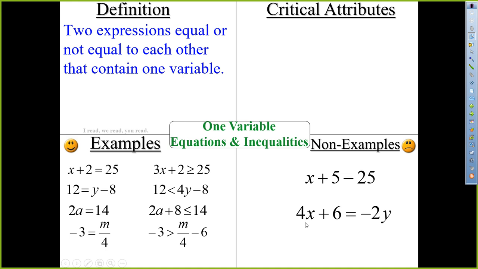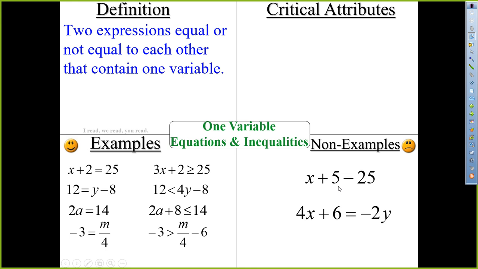This first one right here. Hayden, why is this not a one variable equation or inequality? What do you notice? It doesn't have an equal sign. Right, it doesn't have an equal or an inequality sign. So if it's not an equation or inequality, that means this is a what? This is an expression only. That is correct. Very simple, yeah?